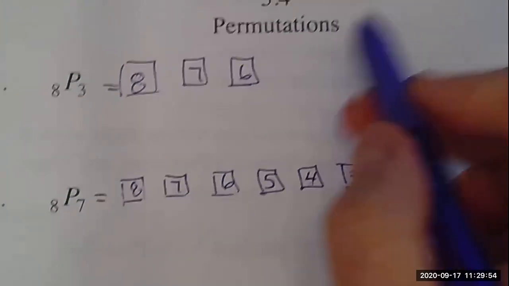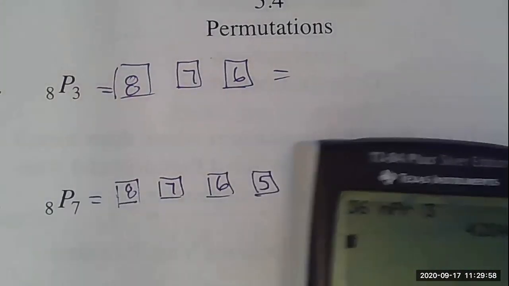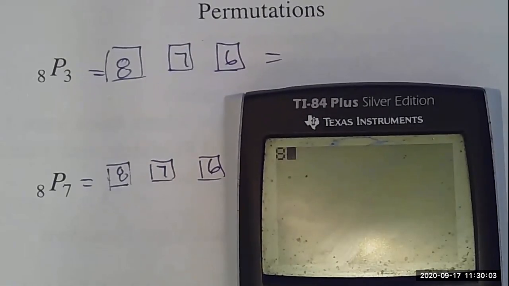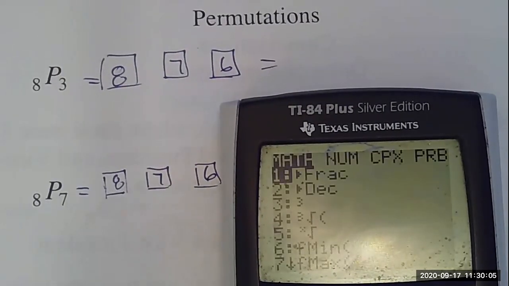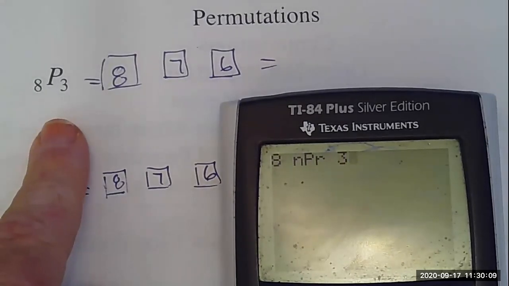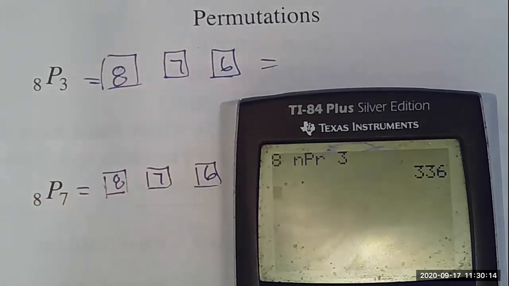But to come up with just the answer, you don't even need to do that. All you have to do is use your calculator. You do 8 first. So 8 permute 3, 336. If you took 8 times 7 times 6, it's 336.